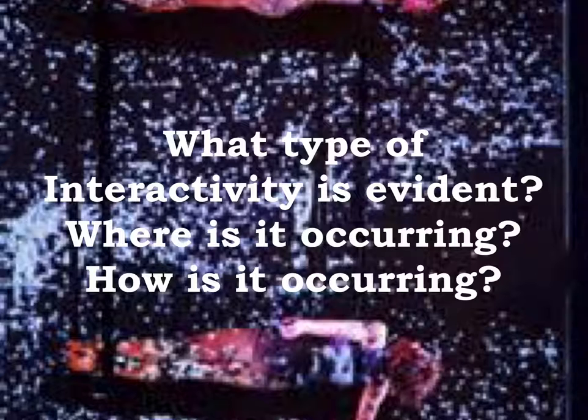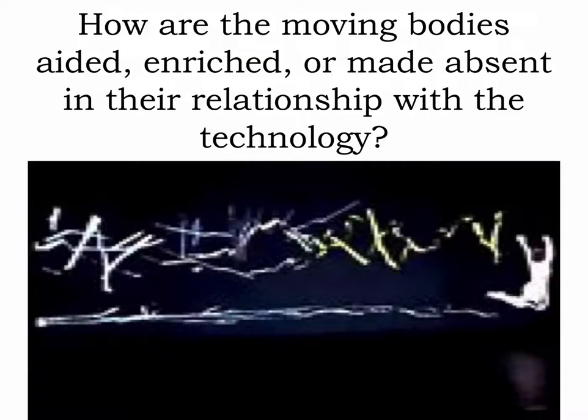Next is, how are the moving bodies aided, enriched, or made absent in their relationship with the technology? So what is happening to the bodies in this relationship? Are they extended? Are they made more significant, meaningful in their doubling as a screen presence? Or are the bodies absent?